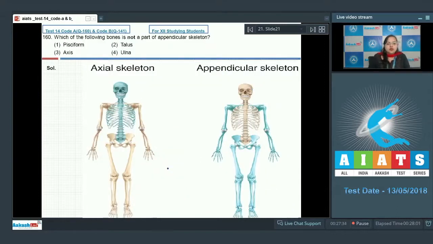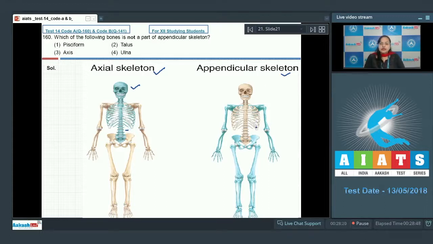Question 160. Which of the following bones is not a part of appendicular skeleton? You know that our endoskeleton is divided in two parts. One is axial skeleton and another one is appendicular skeleton. Axial skeleton includes all those bones which lie along the median longitudinal axis of body, that is skull, vertebral column, ribs and sternum.